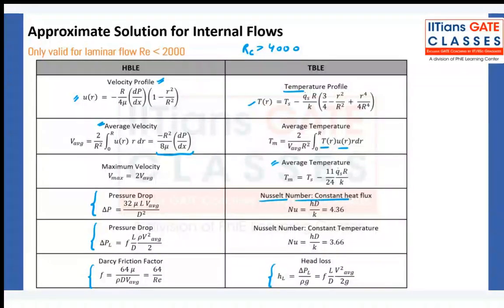So for constant heat flux, it is 4.36, and for constant surface temperature case, it is equal to 3.66. Okay. So this is kind of a summary for your internal flows.